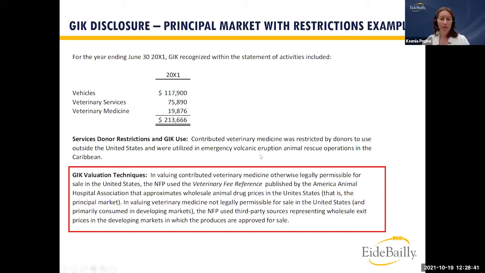Okay, so this is the last slide on gifts in kind. And as I mentioned, we will be going through a lot more detail. There is a whole hour webcast dedicated just to this standard because of how broad it is and how many not-for-profits it will affect.